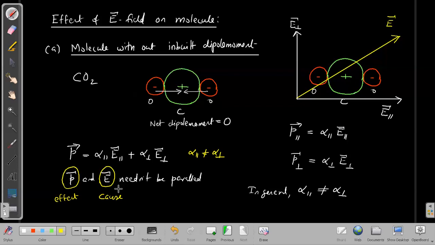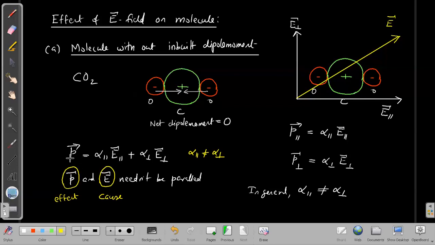But in the case of a molecule, in general, the direction of the induced dipole moment may not align with the direction of the applied electric field. So if the cause and effect are not along the same direction, then the equation connecting them must be a tensor equation.